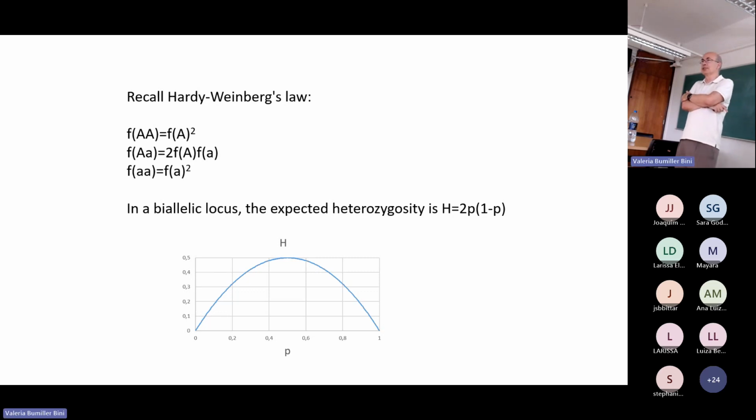Under a number of conditions, since what you inherit from your father and what you inherit from your mother are independent of one another, the proportion of homozygotes is the frequency of the allele squared. Same thing for the other homozygote. For heterozygotes, since we don't know which is which, we have to count them twice, so it's twice the frequency of one allele times the frequency of the other allele.